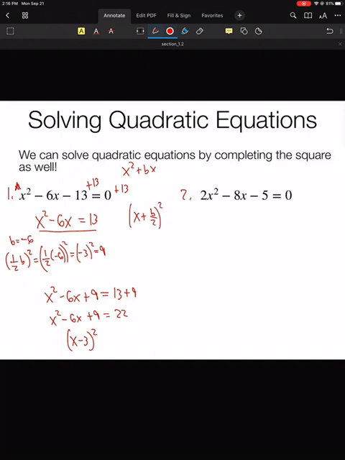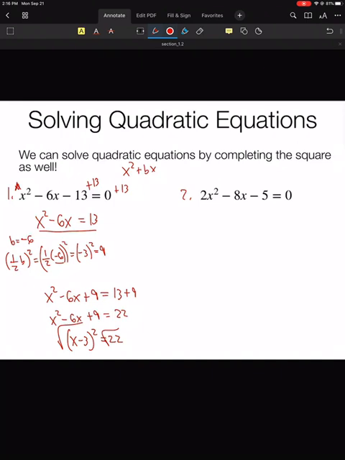Here b is negative 6, and so that is x plus negative 6 over 2 squared. And so it's x minus 3 quantity squared. Okay, so that's where I got the x minus 3 squared equals 22. And I can solve this problem using the square root method that we just talked about.